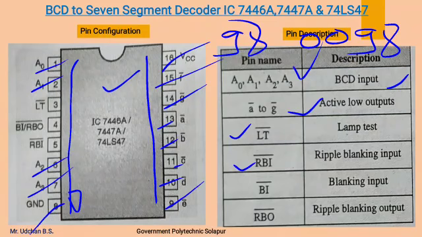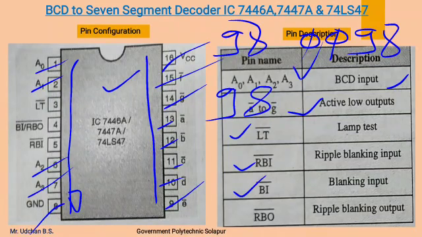The two leading zeros will be blanked and the display will show only 98, even though the display is of 4 digits. So this is how the RBI bar pin can be used to blank the leading zeros which are not necessary to display a particular number.